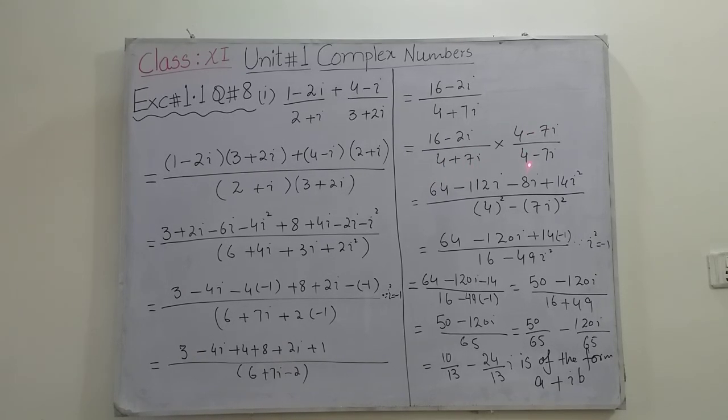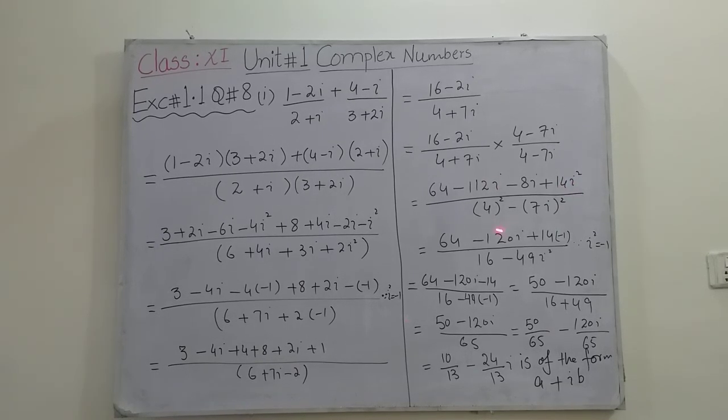Multiplying numerator with numerator and denominator with denominator, we have first 16 with 4 minus 7 iota, we have 64 minus 112 iota. Then multiplying minus 2 iota with 4 minus 7 iota, we have minus 8 iota plus 14 iota square. And for the denominator, we have the (a plus b) into (a minus b) formula, which equals a square minus b square.